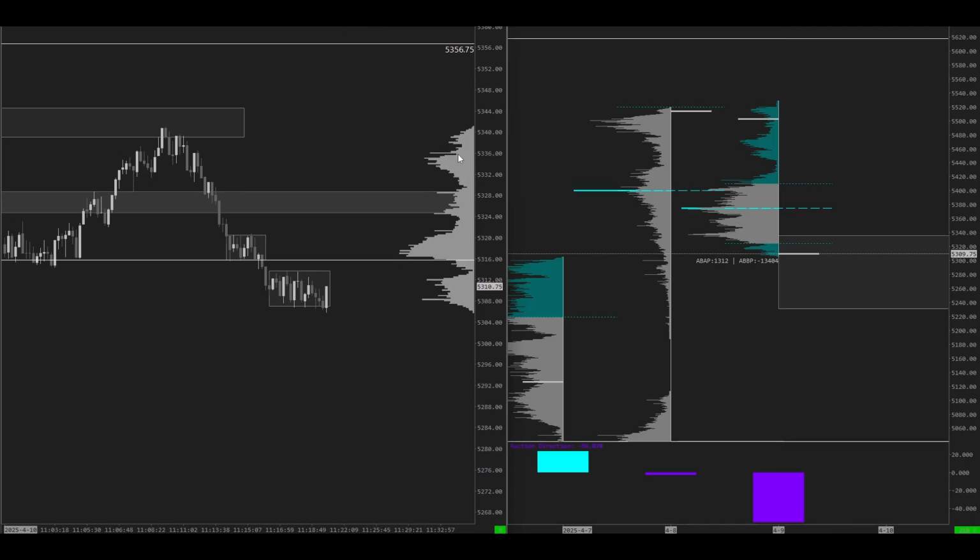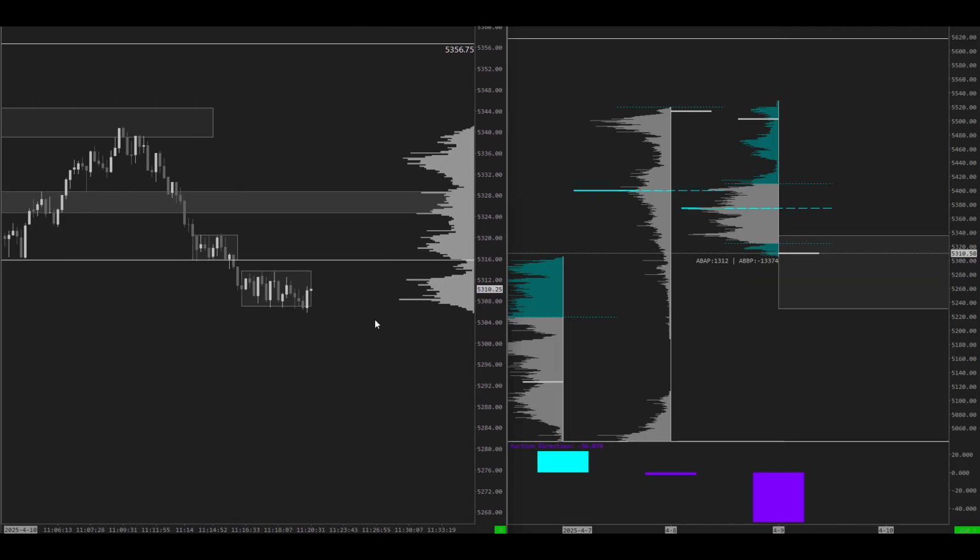It's kind of the same thing. Like this is a visible range profile, and it can help us visualize it. See how we have this auction right here? It's a different way to visualize what the tick chart is showing us here. You can see this a bit too.